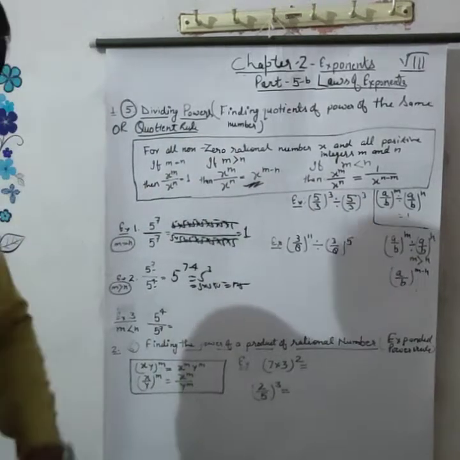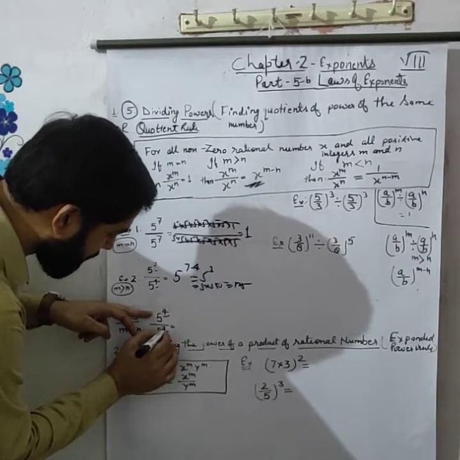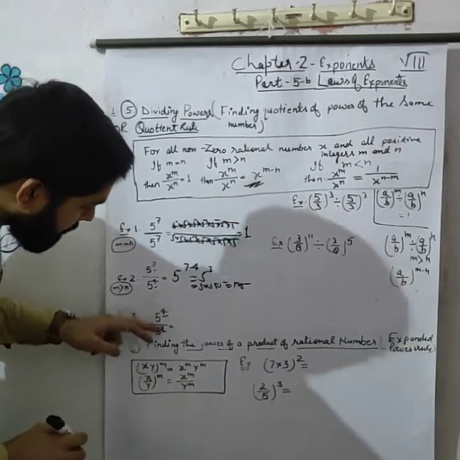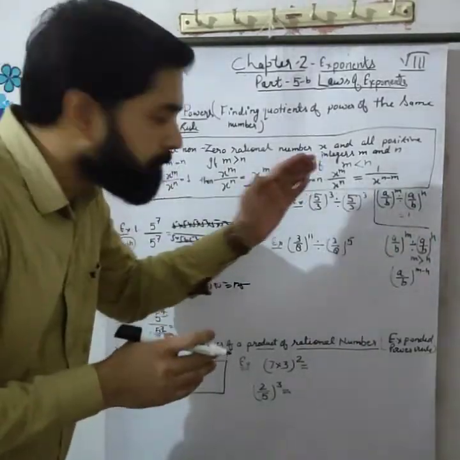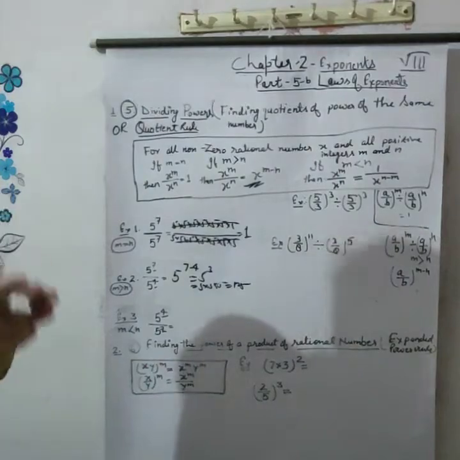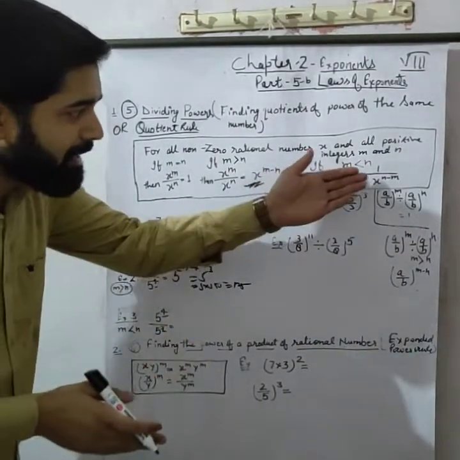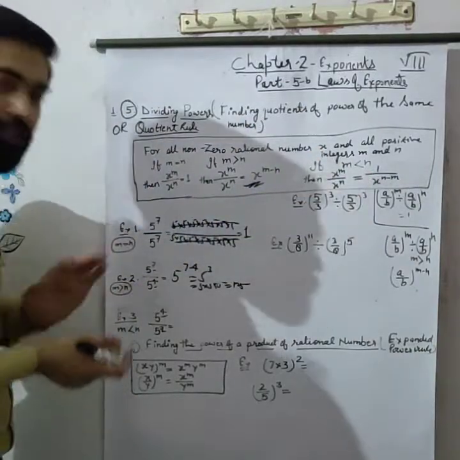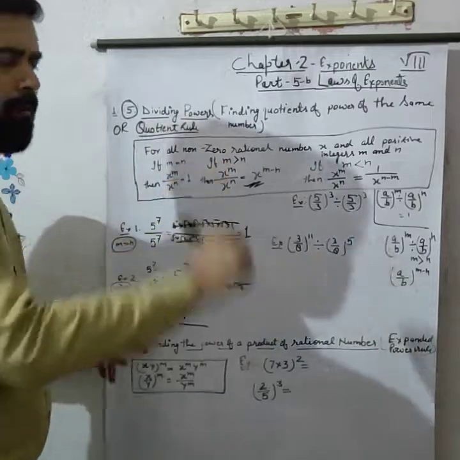What is the numerator power? 4. And what is the denominator power? 7. Here 4 is less than 7, means m is less than n, means the numerator power is less than the denominator power. So we can write this question in this form: 1 upon, what is x?